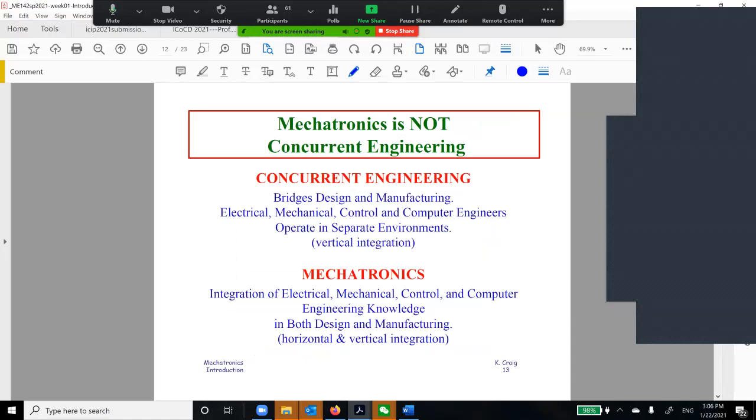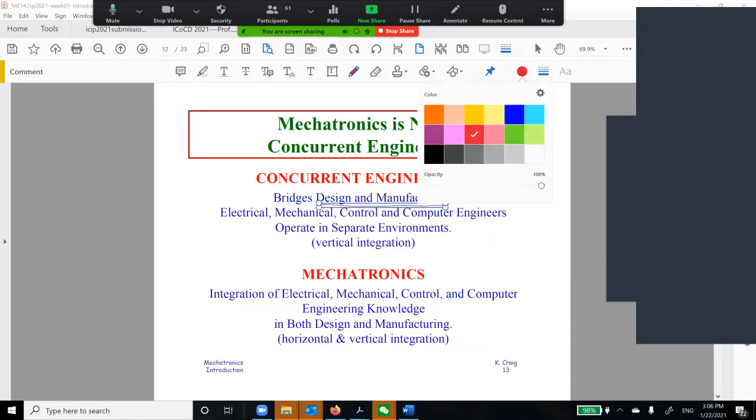All right. So concurrent just means you do things simultaneously. Let's go through the picture. Concurrent is not concurrent engineering. In concurrent engineering, you just bridge the design and manufacturing.